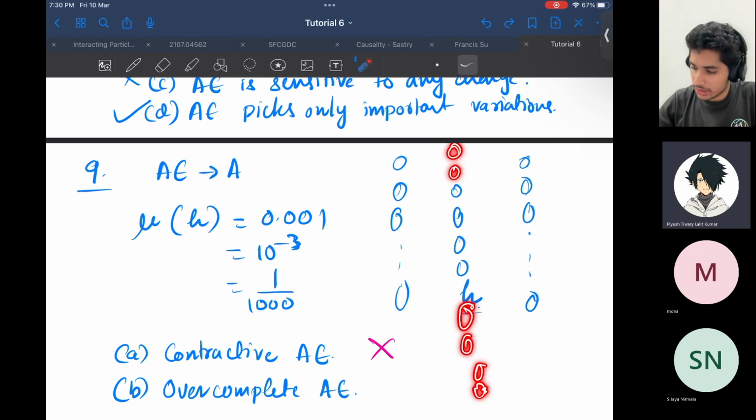Does this enforce the neurons to have lower activations? Well, no, right? There is nothing that tells us that the activations here should be low. So this is also not a correct option.